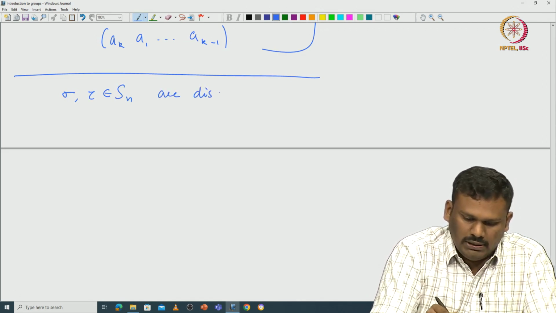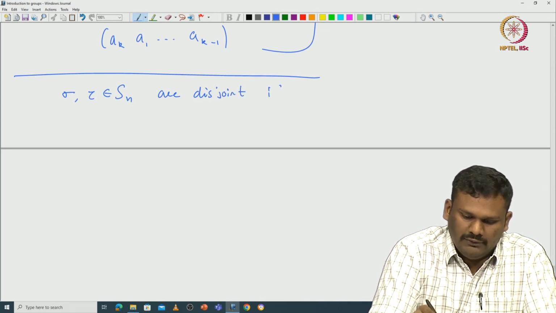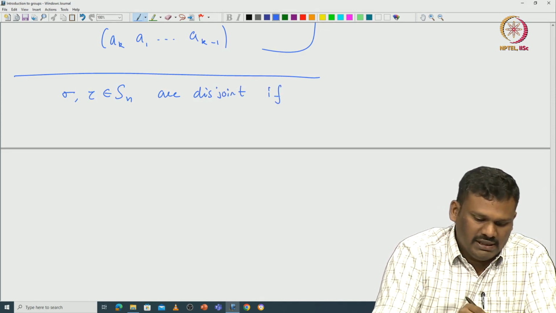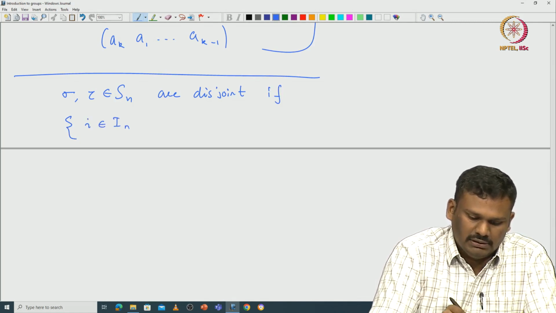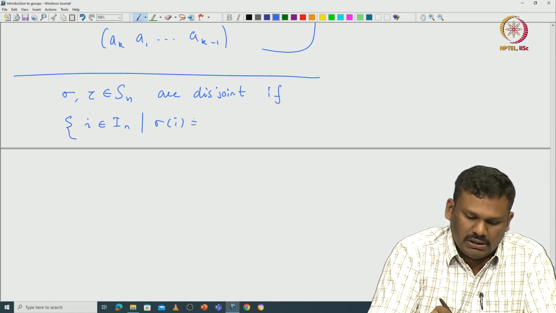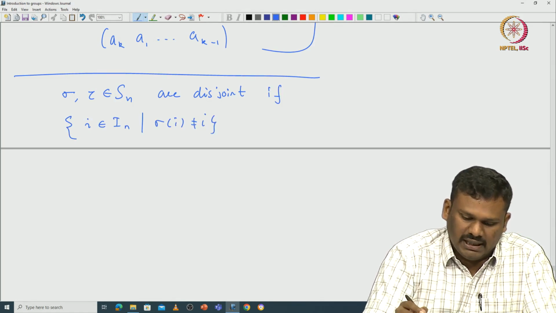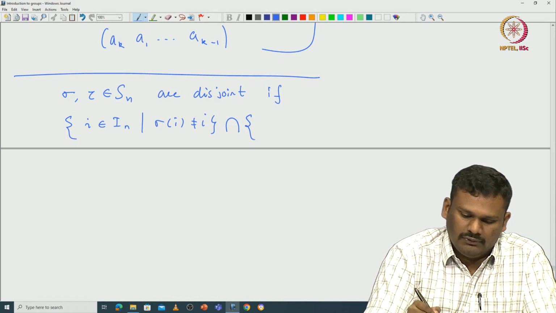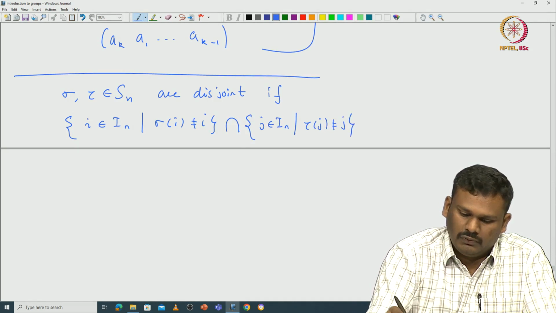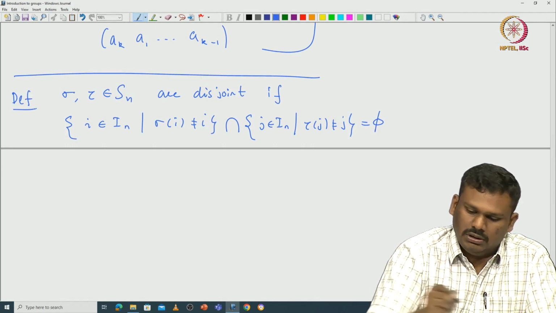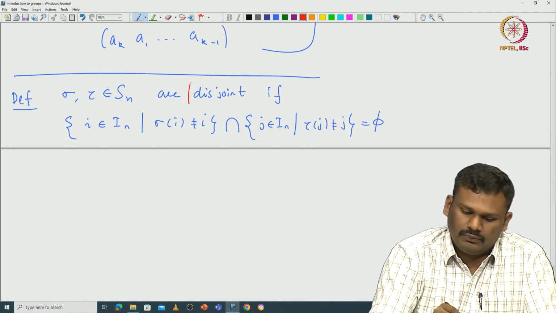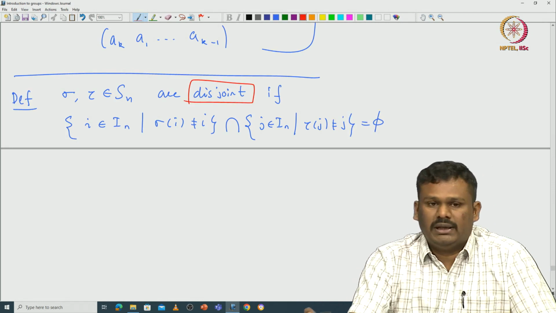if you look at all those indices i in In that are not fixed by sigma, that is, sigma(i) is not equal to i, then this set should be disjoint from the set of those j in In that are not fixed by tau. What is the meaning of that?